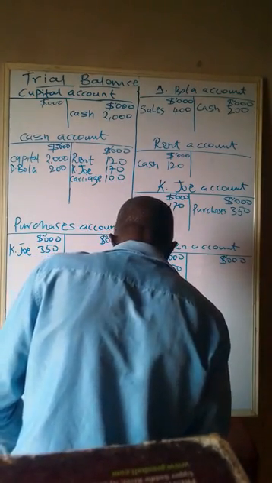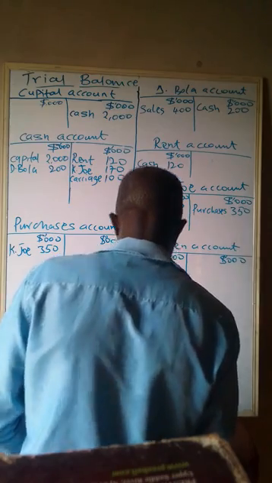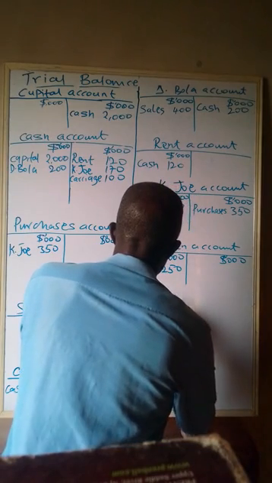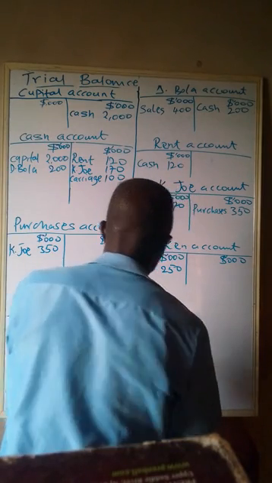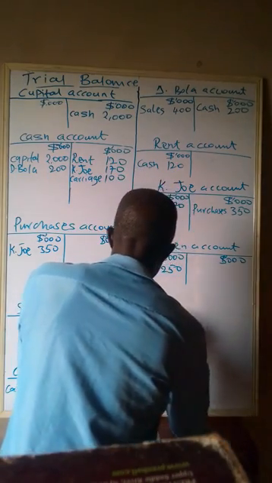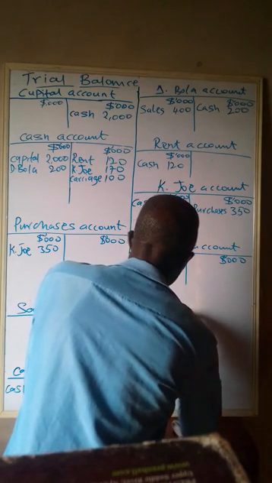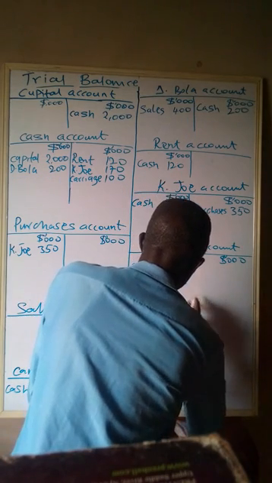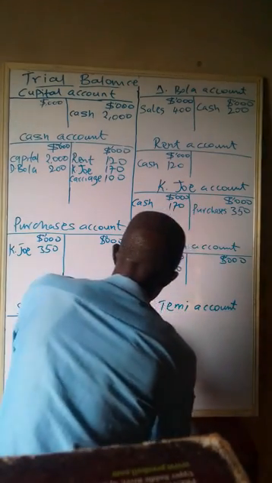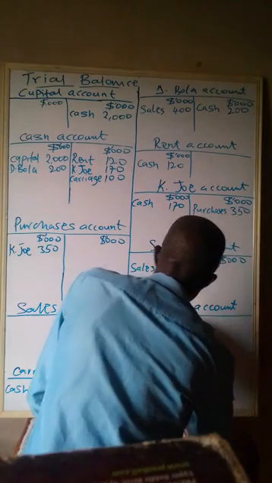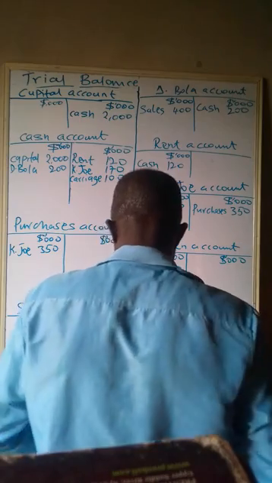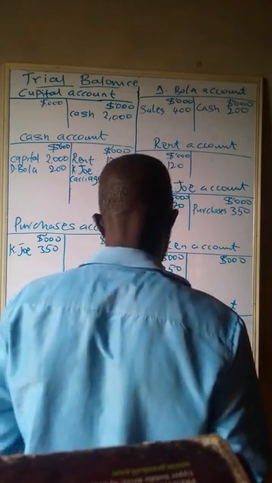May 27, bought goods on credit from K-Temi. Let me bring it down a bit. K-Temi account. Bought goods on credit from K-Temi.